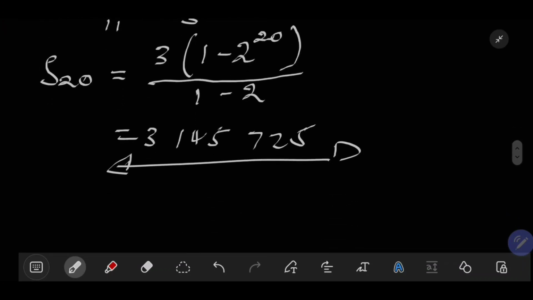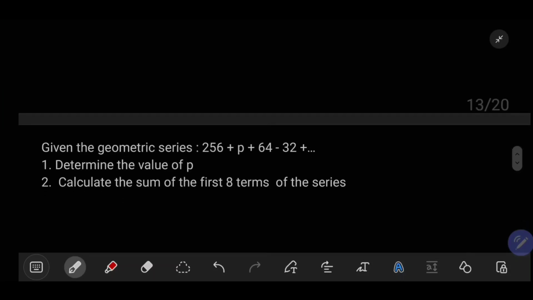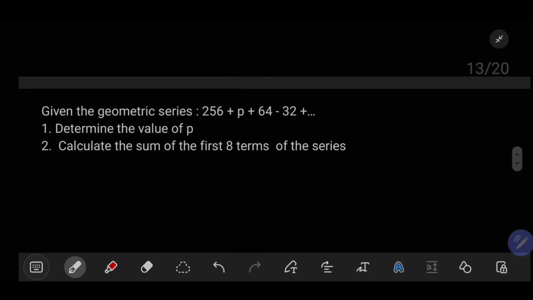Let's look at an example. Given the geometric series 256 plus p plus 64 minus 32 plus, and the series goes to infinity, they want you to determine the value of p.